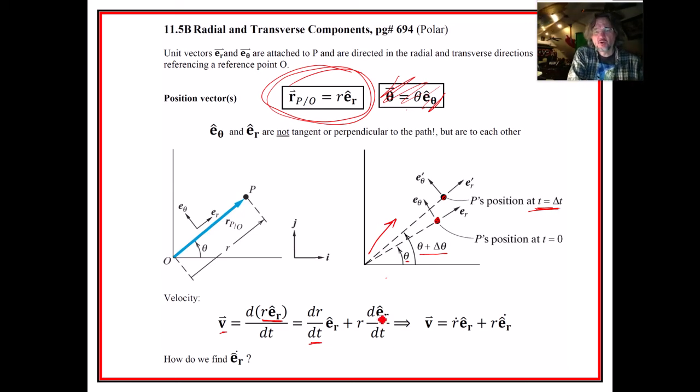But also, we have to take the change in angle that has occurred because of this change of orientation. So it's that original r times de_r/dt. And that thing has changed. And another way of writing it would be to put just a dot on top of that, e_r dot. And so now we need to figure out, how do we find e_r dot?